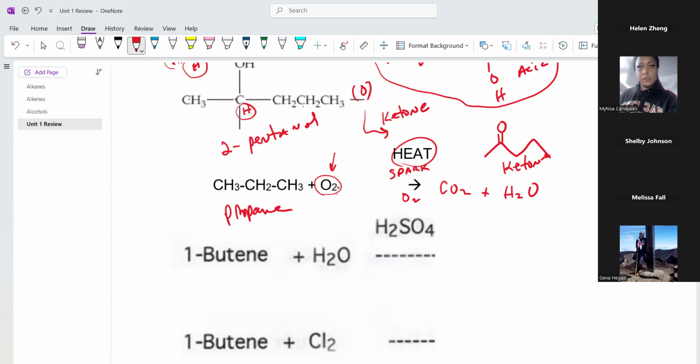Okay, so we have 1-butene, and we have an acidic water. That means the water is going to add across the double bond here.